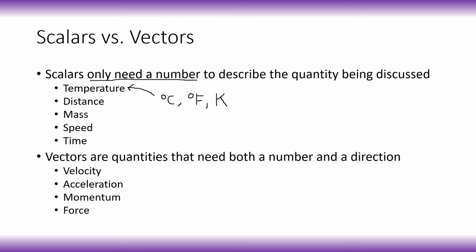But those are examples of units that are attached to temperature. Distance also has units, and you can measure distances in things like meters or maybe kilometers, or if you're more comfortable with the imperial system, feet or miles or yards or whatever, right?